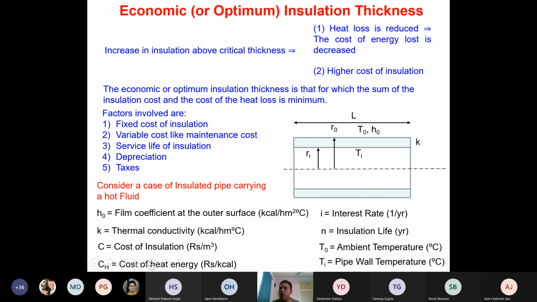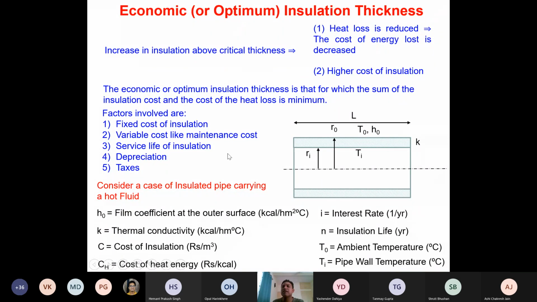So I have to find a thickness of the insulation that will give me the best return. I should not use too high an insulation thickness, which would mean a very high capital cost, isn't it? So here there are two factors: how much energy saving I am getting by putting the insulation, and what is the cost of insulation.